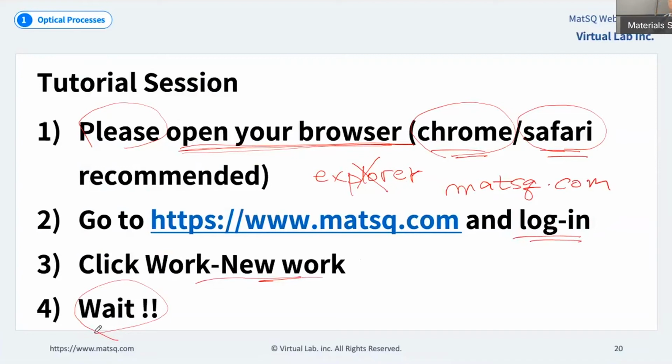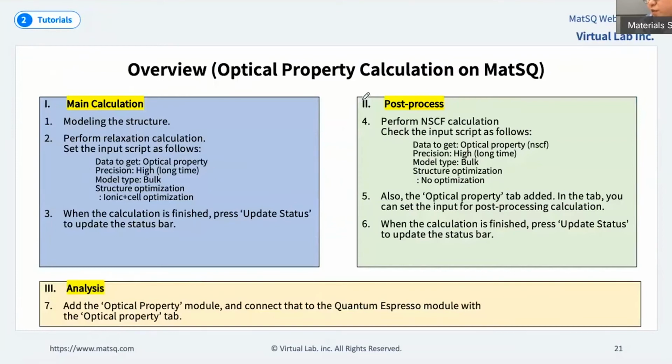We also prepared a document on how to calculate the optical property. We start from the modeling, exactly silicon. We are going to prepare silicon for the optical property calculation. And the first part is the relaxation.